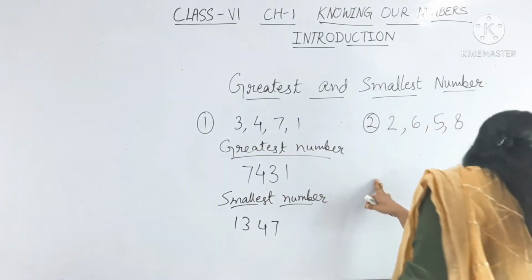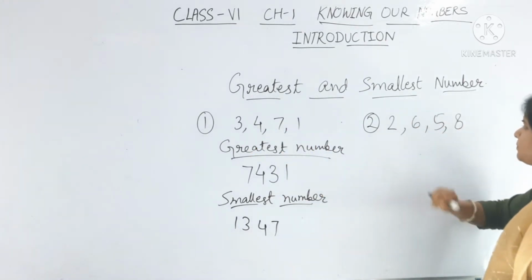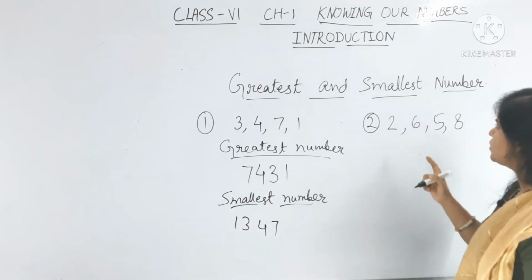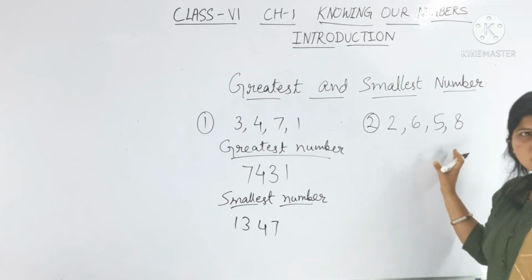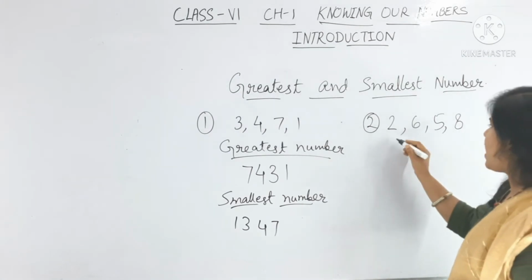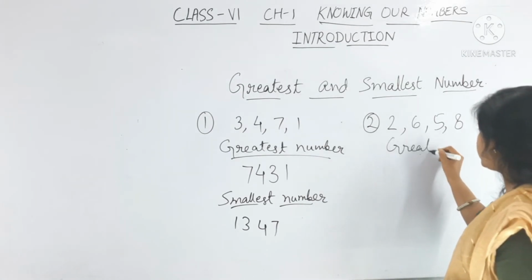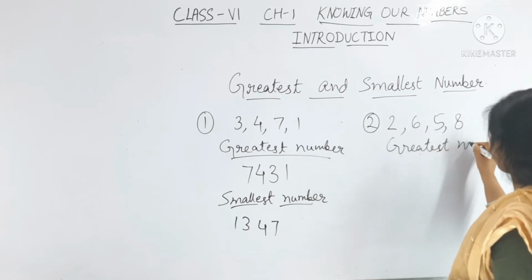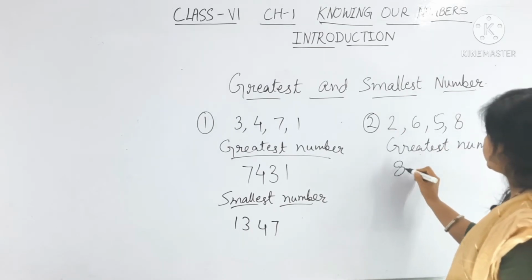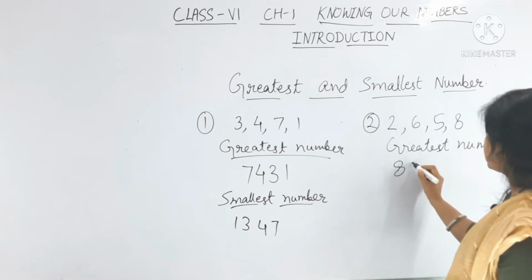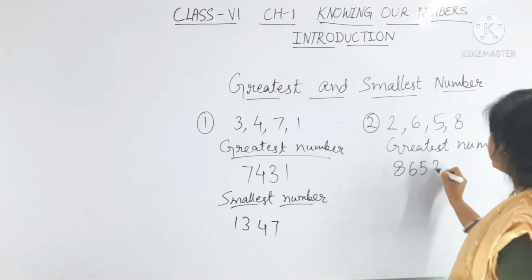So we will go to the second part. What is the question? They have given 2, 6, 5, 8 as the digits. So we have to make the greatest number from these digits. Greatest number 8, 6, 5, 2.